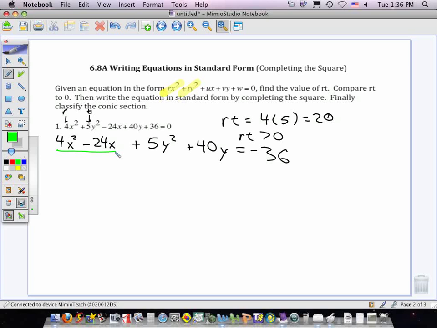We completed the square when it was 1x squared. So let's see, what could we factor out of 4x squared so it becomes 1x squared? 4, right? So we're going to factor out 4. That's going to make 4 times x squared minus 6x.